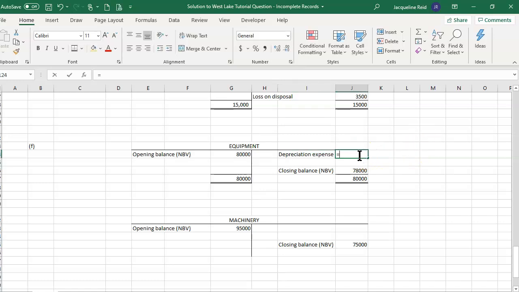And how do you find that missing figure? It is 80,000 minus 78,000. So for equipment, depreciation expense is $2,000.